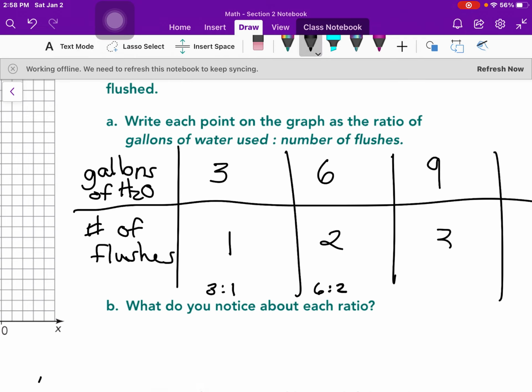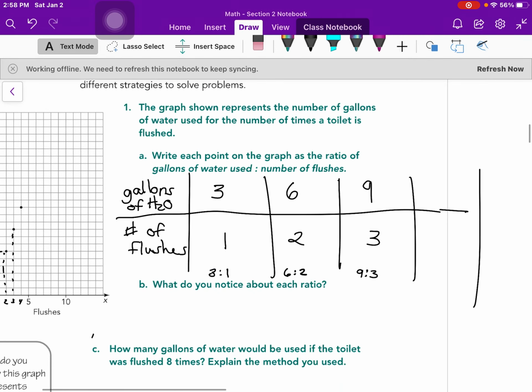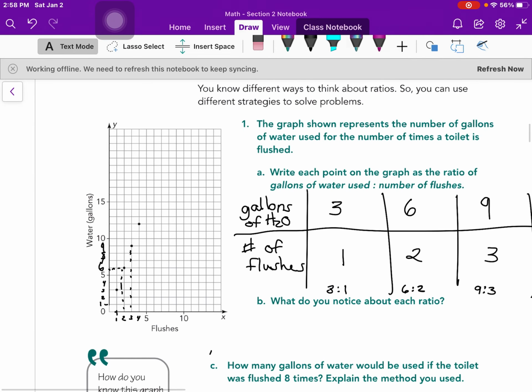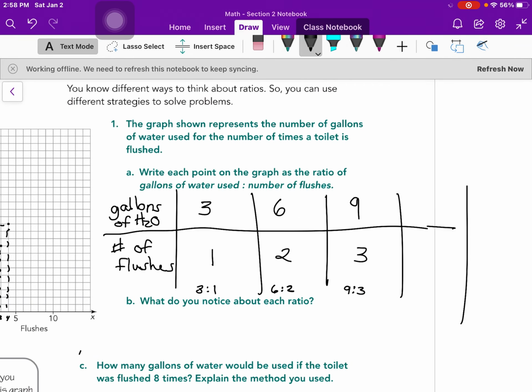So 9 to 3 ratio. And finally, we have 4. There's 10, 11, 12. 12 to 4, so ratio of 12 to 4.